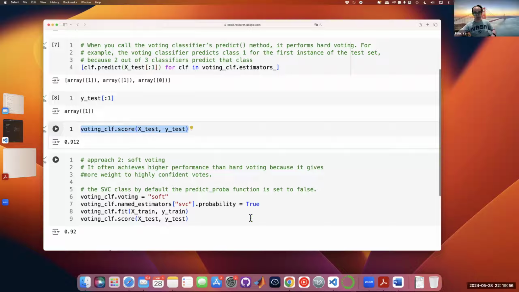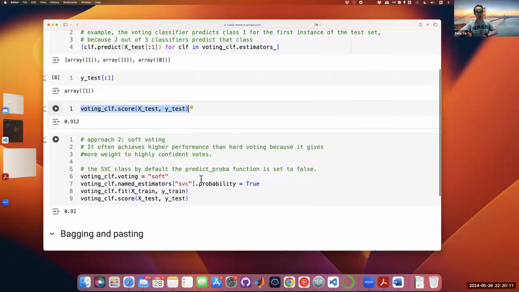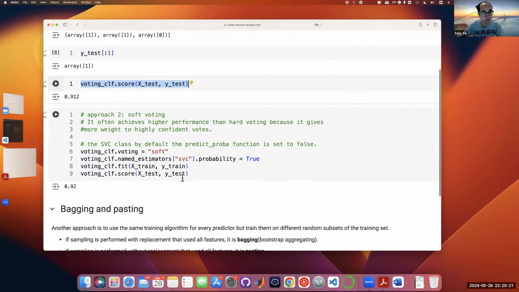You need to manually turn it on. Then you say, I want soft voting, so I set voting equal to soft. Then you do the fit and the testing. As a result, you get 92% accuracy instead of 91.2%. So you can see this is doing a better job with soft voting.